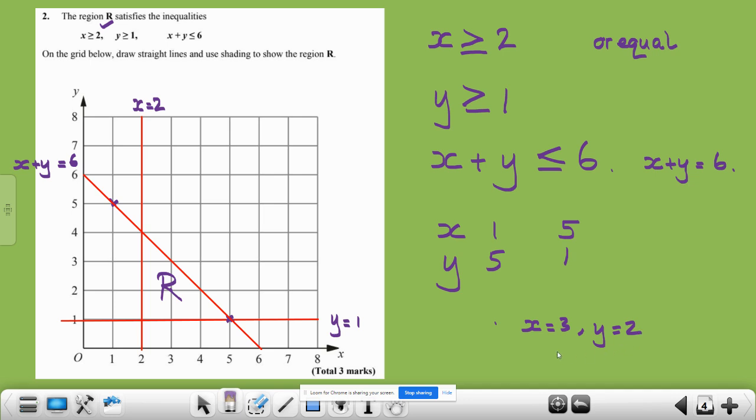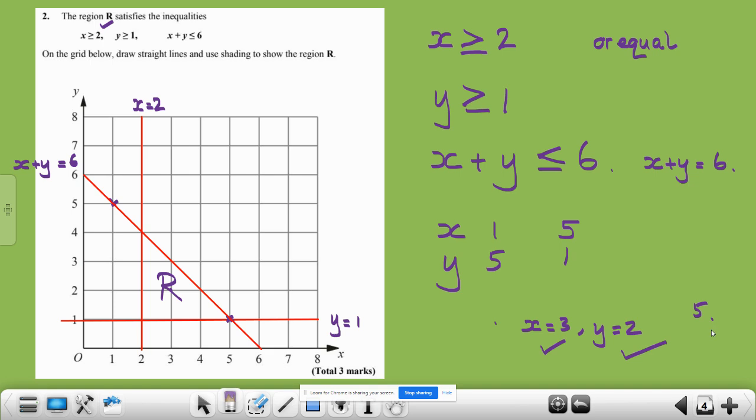So let's see if it satisfies all 3. x is greater than or equal to 2. Yes, x is 3. y is greater than or equal to 1. Yes. And finally, x plus y is less than or equal to 6. Well, yes, because x plus y would equal 5.